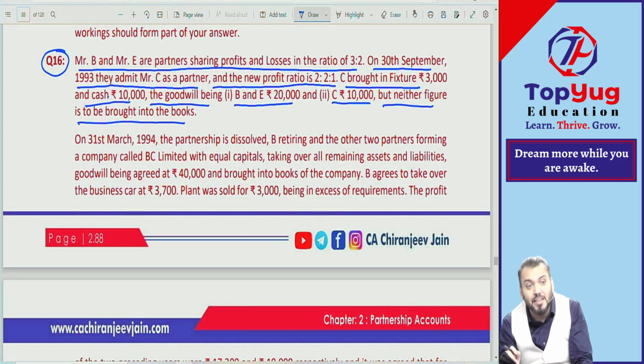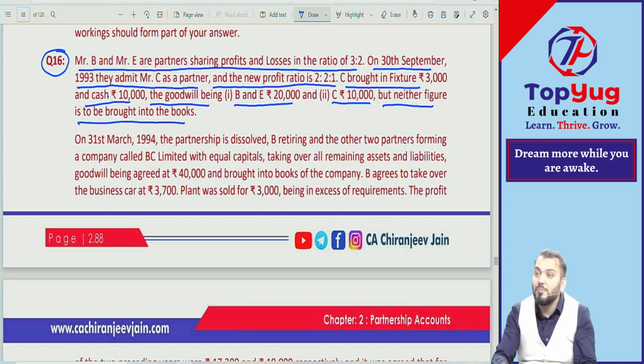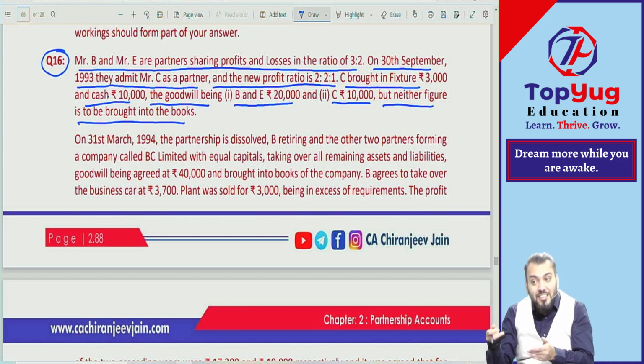So goodwill will never be raised in case of admission, retirement, death, change in PSR, and therefore they have correctly stated that neither figure is to be brought into the books of account. Even though this is not given, we will never bring goodwill in the balance sheet for reconstitution of the firm. Therefore we have done this journal entry.